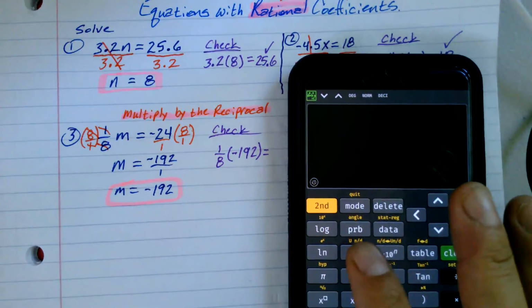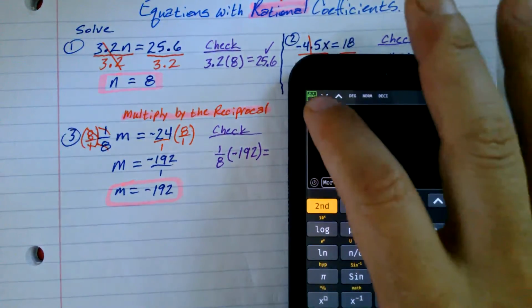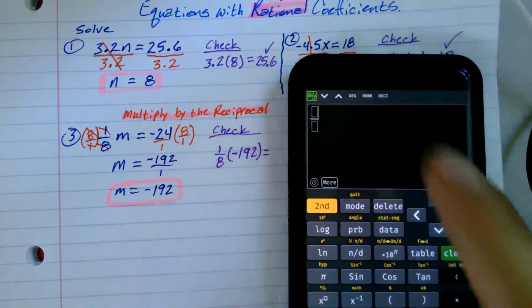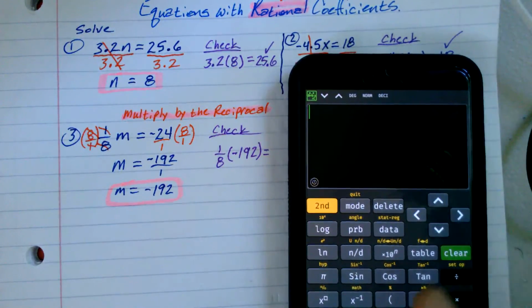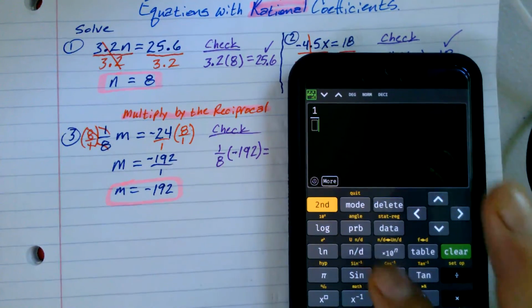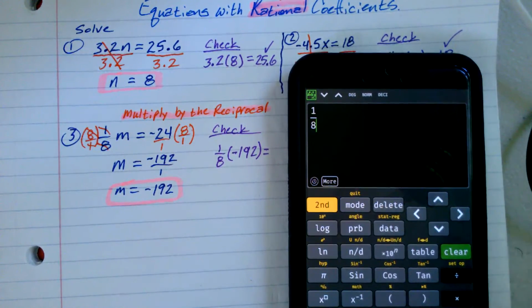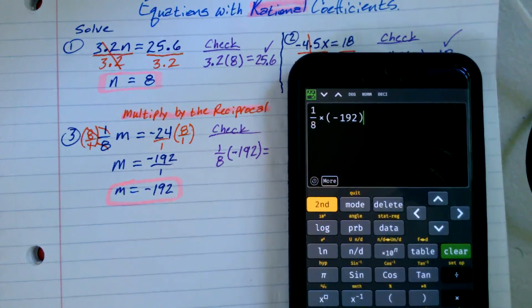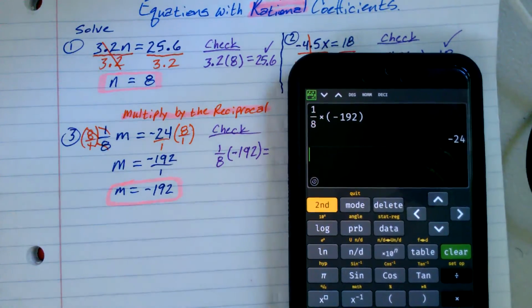So I'm going to do 1/8 times negative 192. And it's negative 24. There it is. That's right.